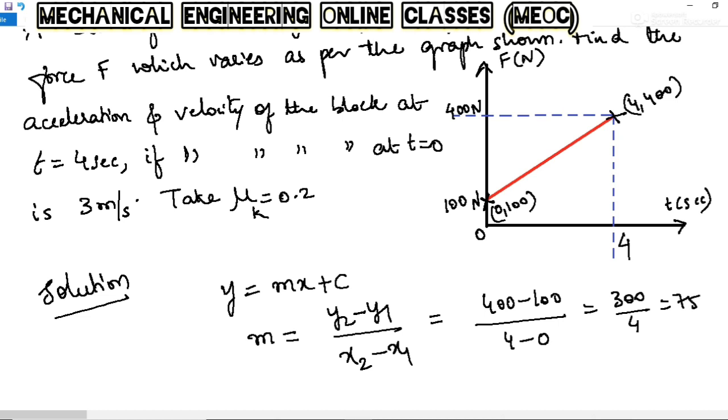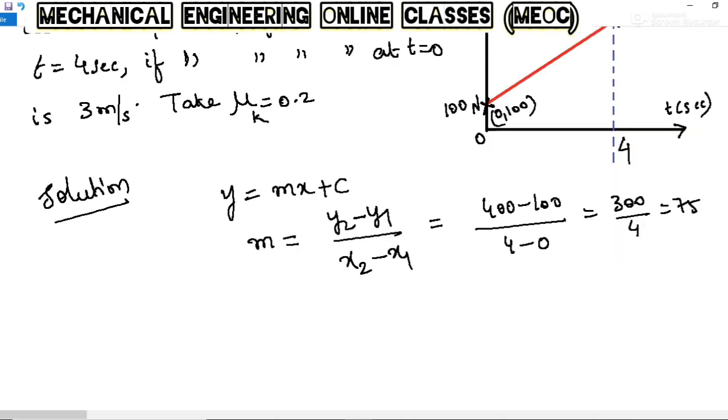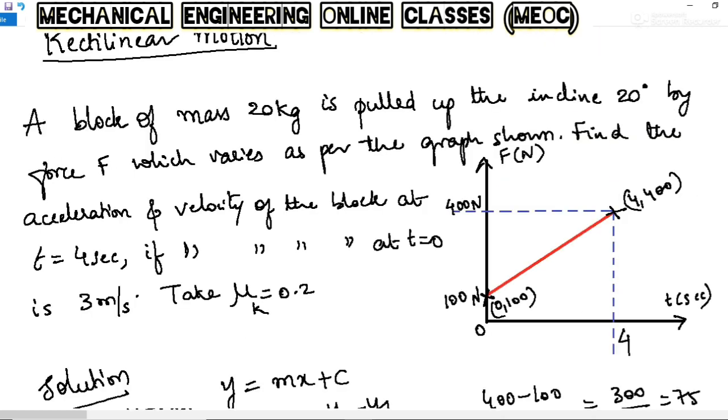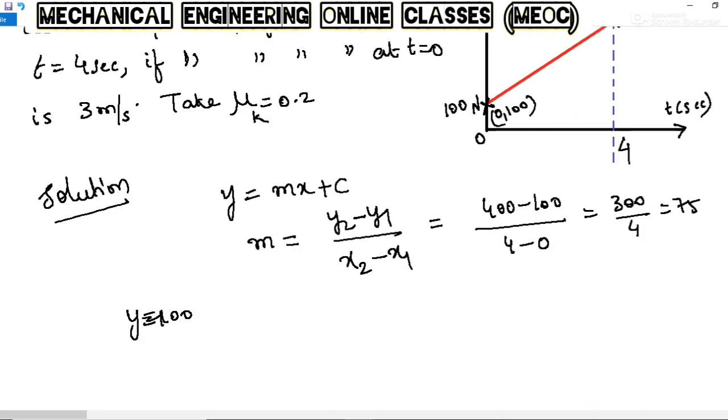This is the slope. So now that we know m, we should find c. Suppose when y is 100, x is 0, the first point on the red line. If we substitute these two values in this equation, then c will come out to be 100, because 100 is equal to 75 into 0 plus c.